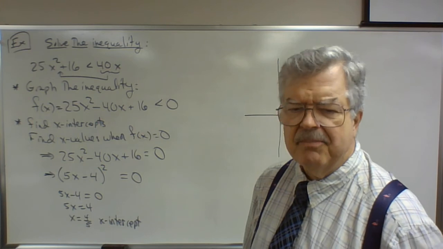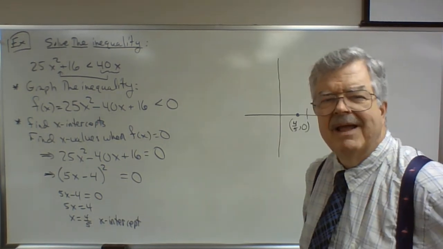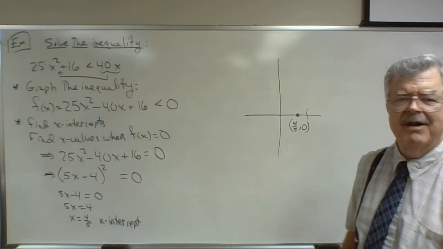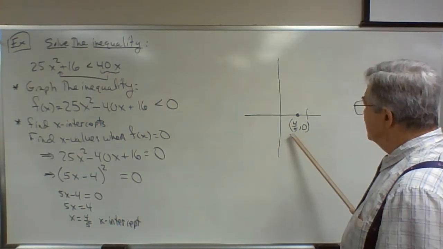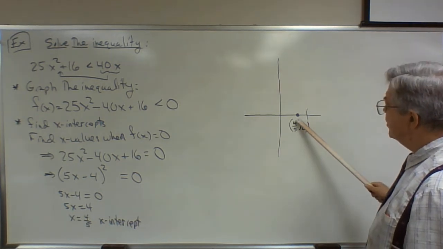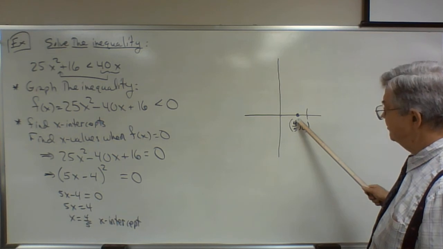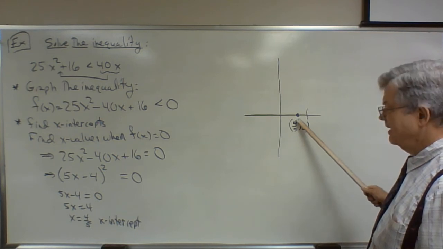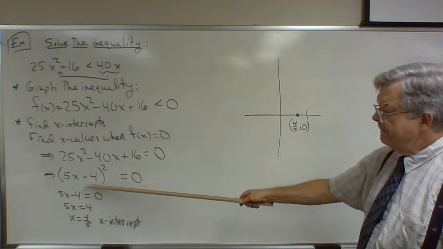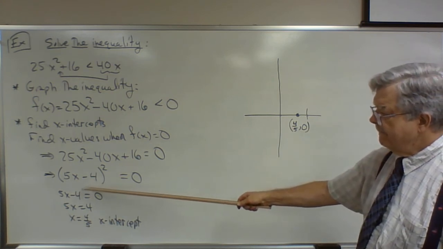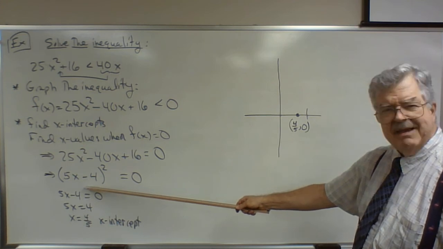And there may be something else that I want to tell you too. But look at what we have. We have the only point at which the graph touches the x-axis. And we know that this thing can't be negative.